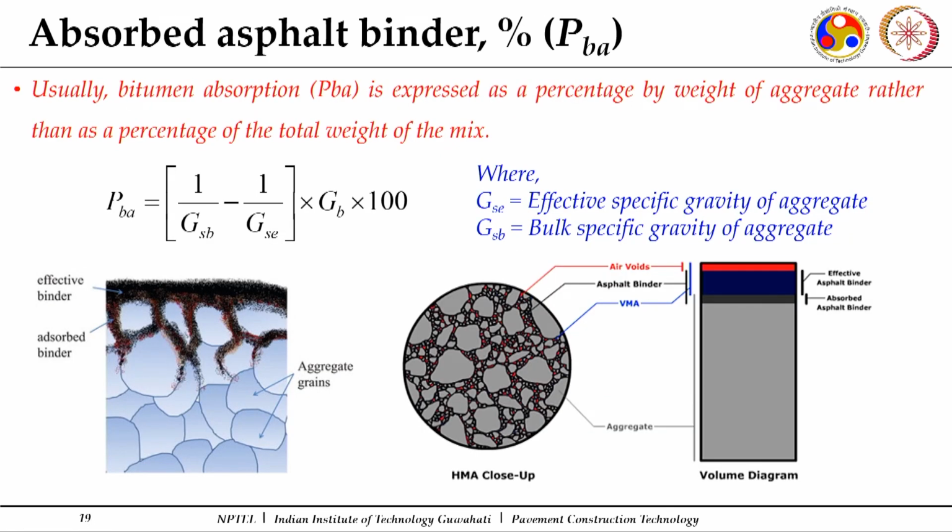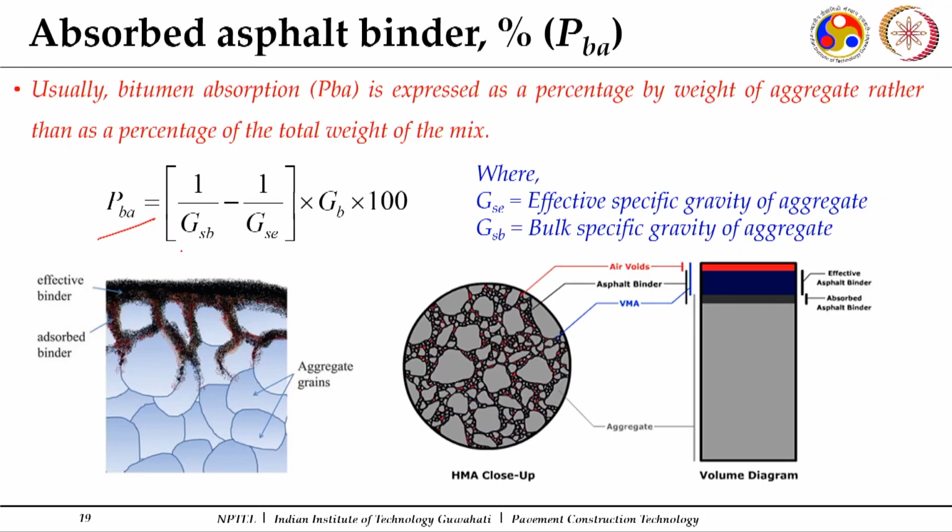Then as I mentioned, in certain cases we need to work out the amount of binder which is absorbed in the aggregates. For this particular one, you need to know the effective specific gravity and the bulk specific gravity already. Now since GMM is determined, you know the effective specific gravity. So from this particular expression, you get the percentage of bitumen absorbed in your mix.